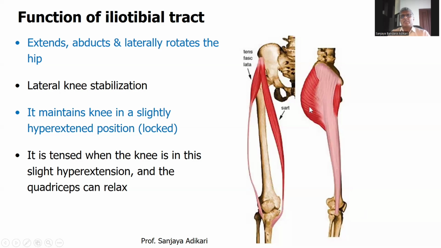So the two muscles will contract and increase the tension in the iliotibial tract, and the knee joint will be kept like a stick. The lower limb will be kept like a stick because of the locked joint, and the quadriceps can relax. These two muscles will take the weight or whatever the force.